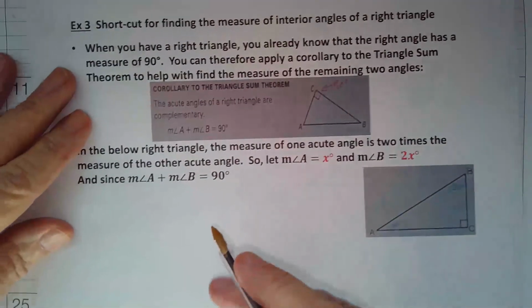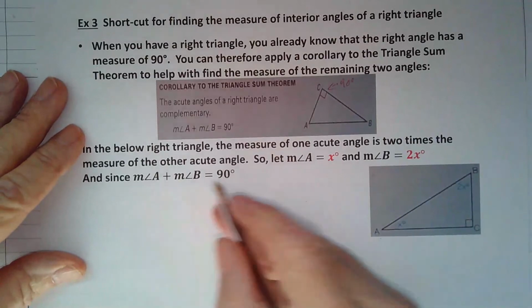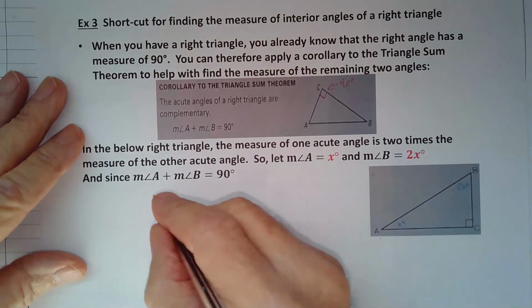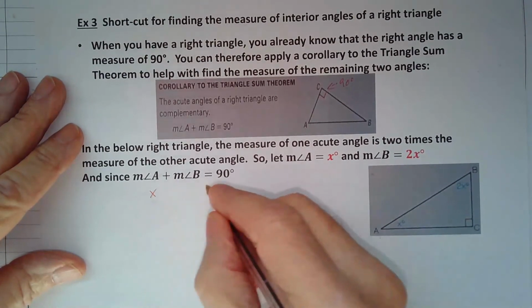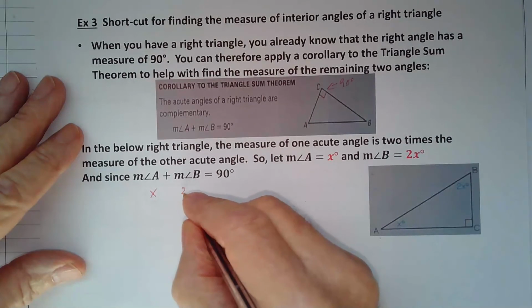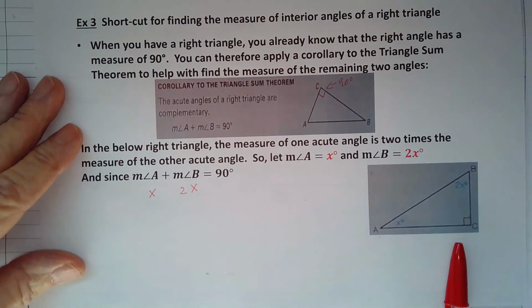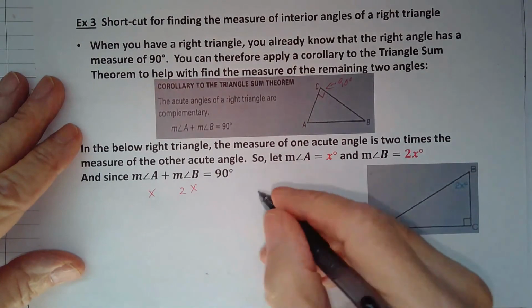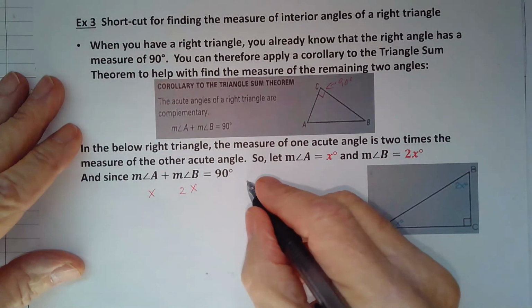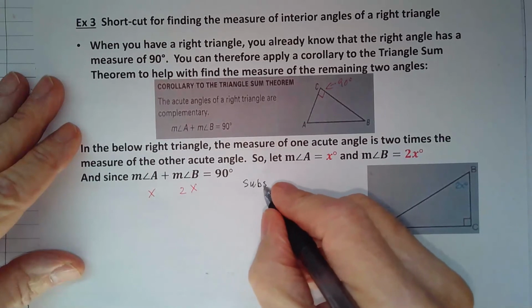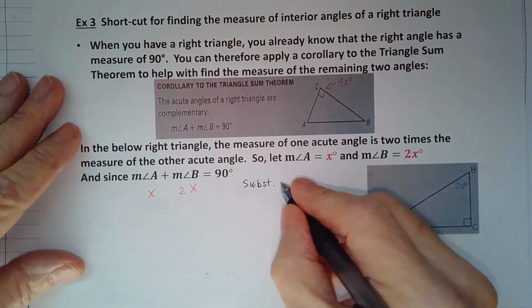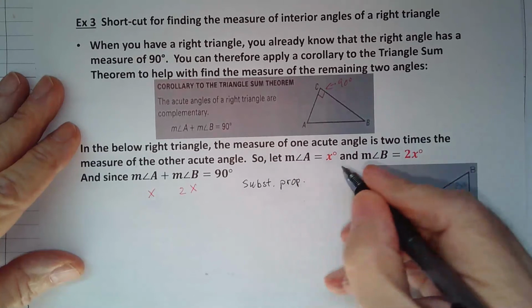So let's substitute now x for the measure of angle A and 2x for the measure of angle B. All right, so this is substitution property. I'm going to abbreviate property of equality.